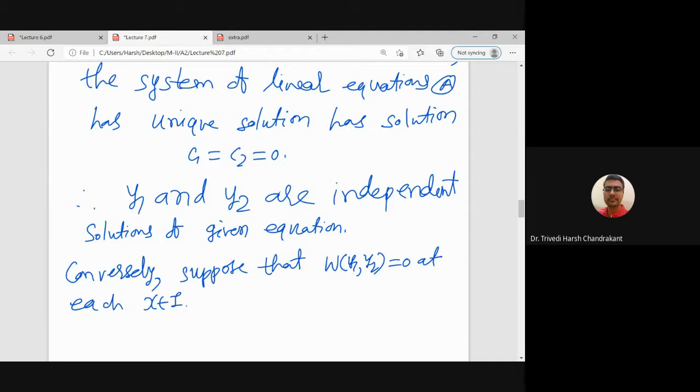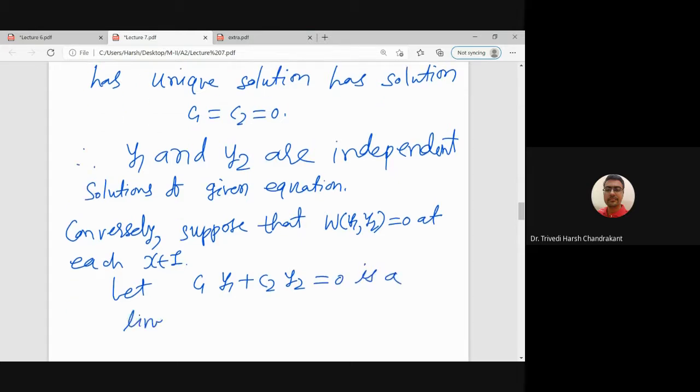So once again here also, whether we are showing LI or LD, we will always start with the linear combination. So let C1y1 plus C2y2 equals 0 be a linear combination.